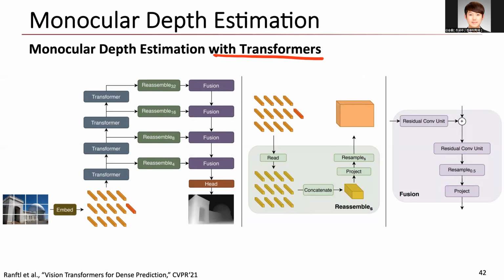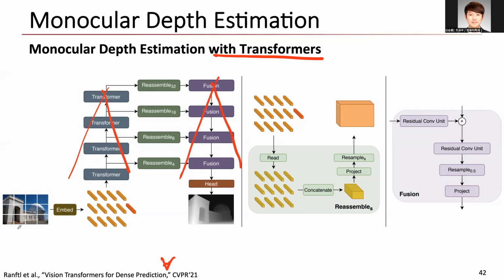How do they do that? Similar to semantic segmentation. Of course, this paper also solved the semantic segmentation problem as well as depth estimation. They consider an encoder and decoder, similar to other prior work, and formulate this with a transformer.